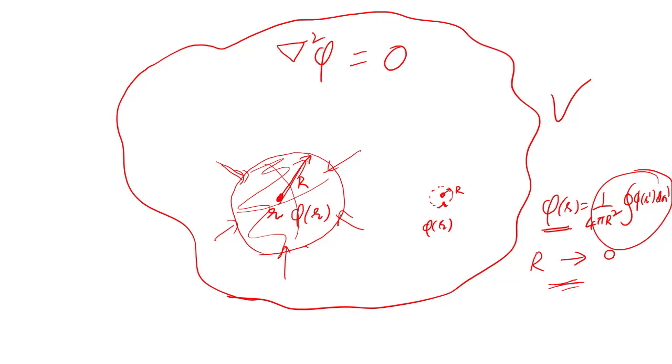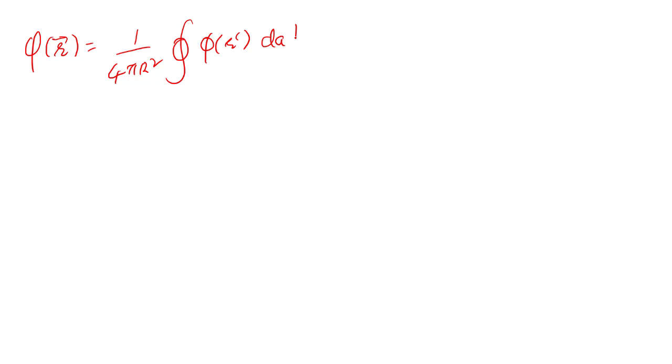Because if I shrink this R to 0, I'm almost going to just this point. So that's how we know that the mean value property is right. That's how we prove the mean value theorem. The mean value theorem again says that φ at a point R is equal to the average over 4πR squared φ of R prime dA prime.